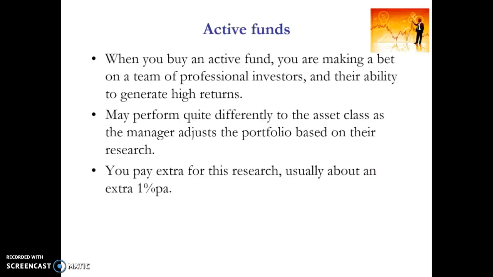In contrast, with an active fund, you're taking a bet on a team of professional managers and their ability to generate high returns. While the return is in some way still linked to the performance of the underlying asset classes, there should be some alpha, which is either going to be positive or negative, based on whether the active investment was able to either over or underperform. Obviously, when you have an active fund, there are going to be significantly higher transaction costs, and there are multiple tiers to these costs.